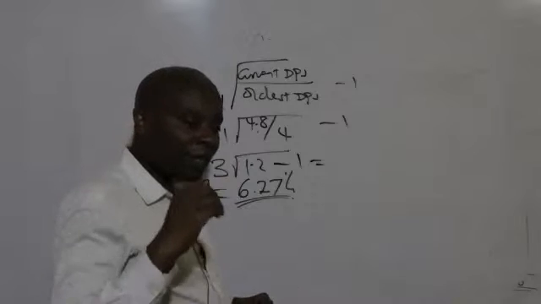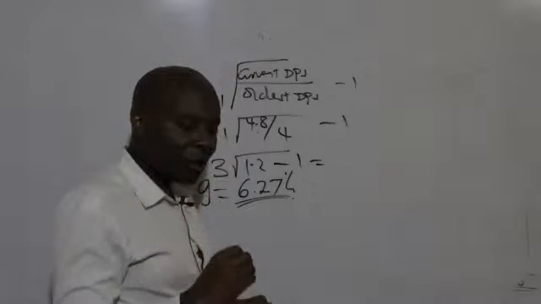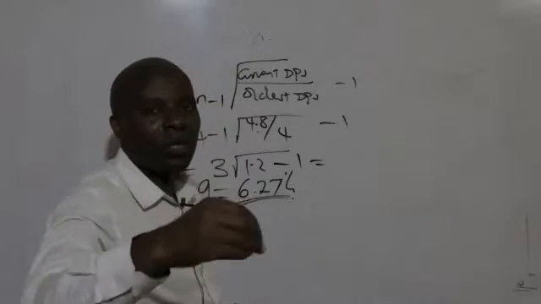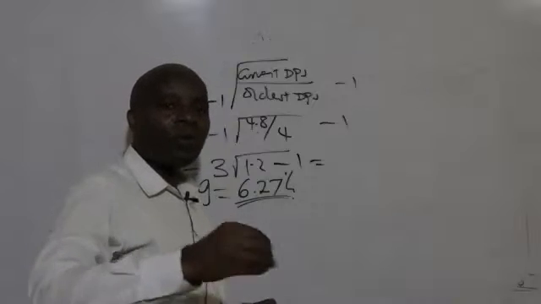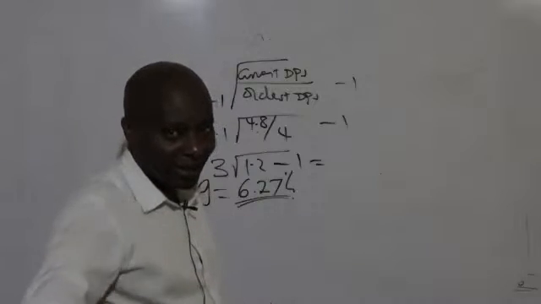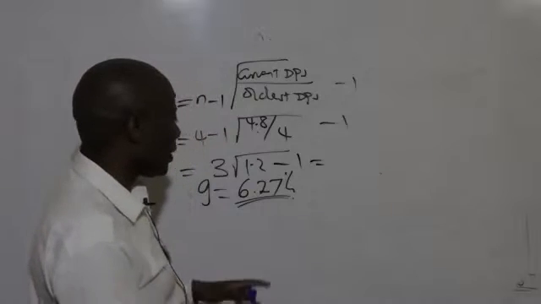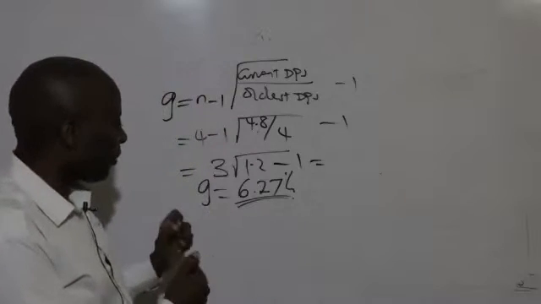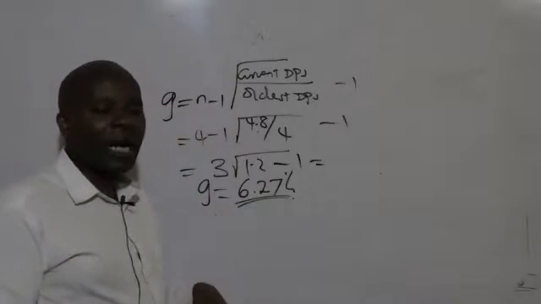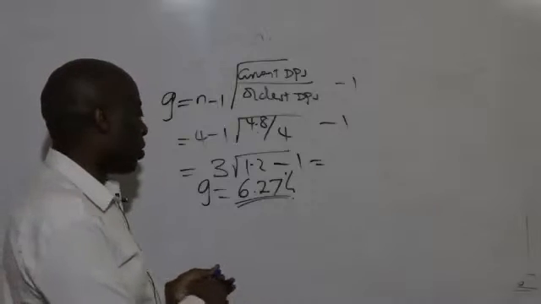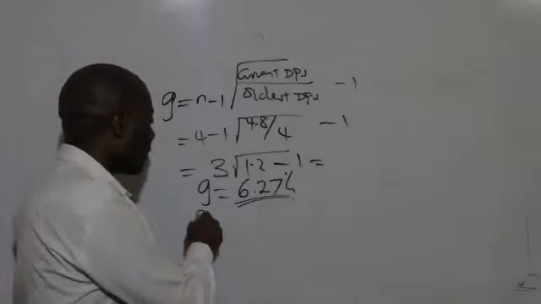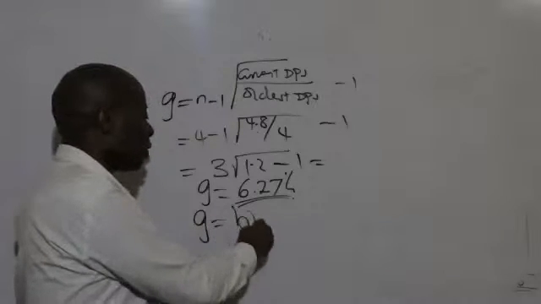But you see, after getting that particular growth rate, ladies and gentlemen, that is not yet enough. You have not arrived. Why? Because the examiner is talking about a connection between your growth rate and return on investment. And the only connection that we know between the two is the one that tells us that G equals bR.